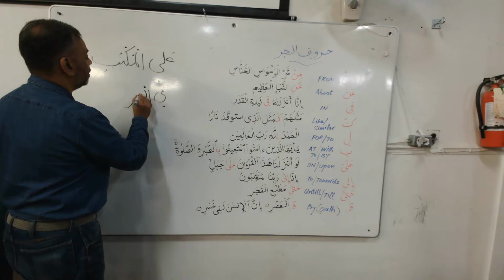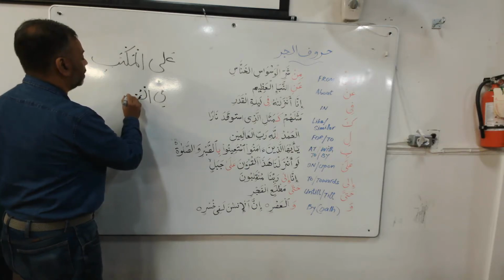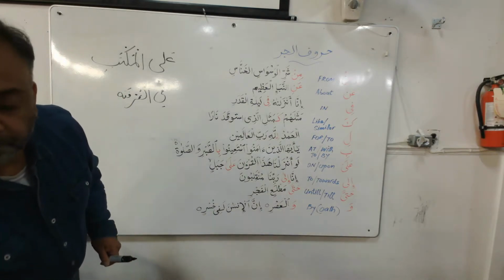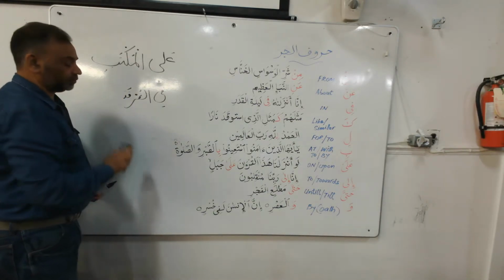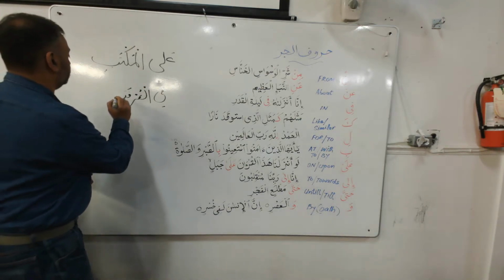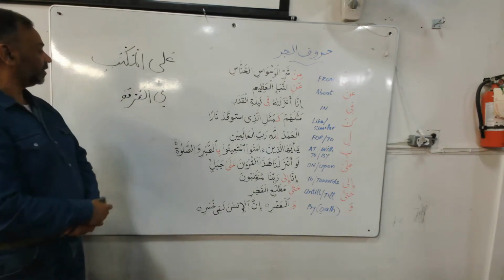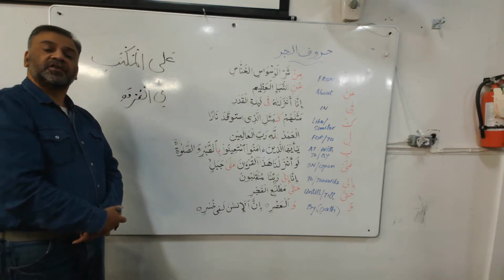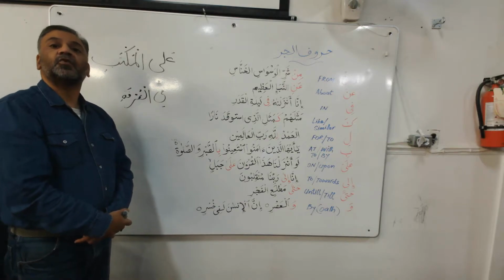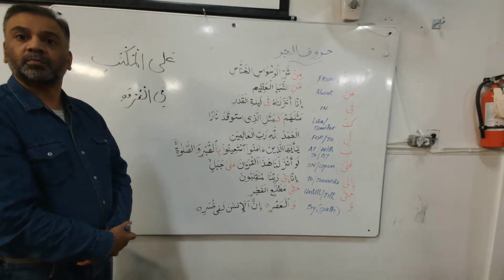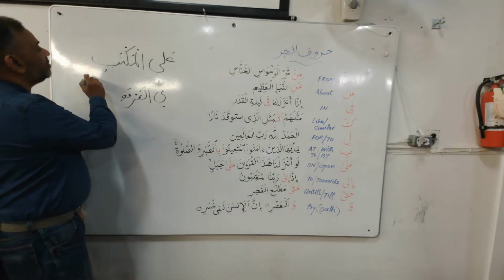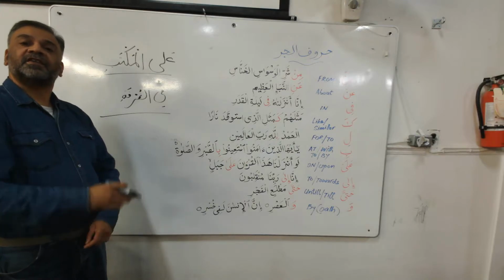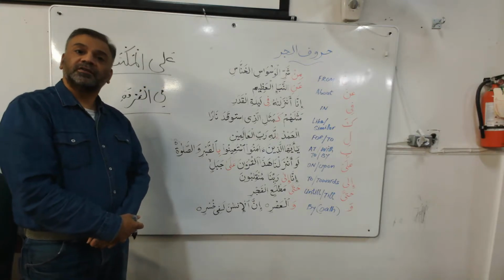Fil ghurfati. Fi is harf jar, al ghurfati is ism majroor. What does that mean? In the room, right?